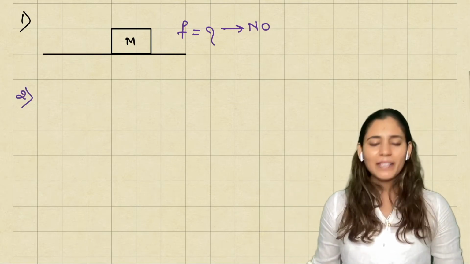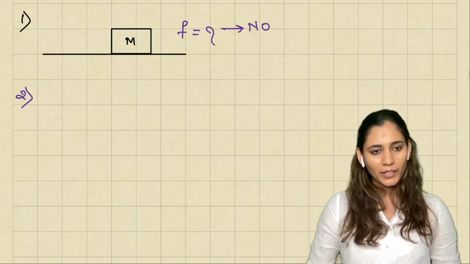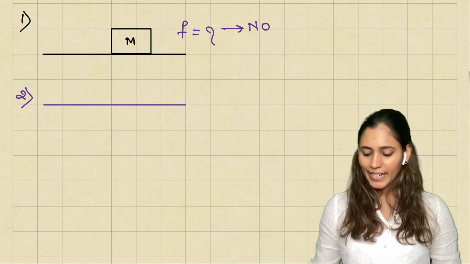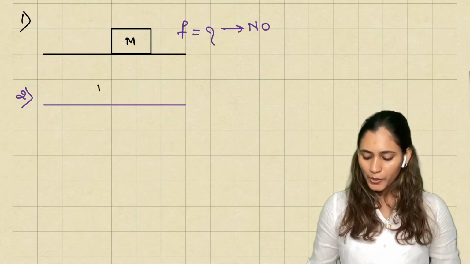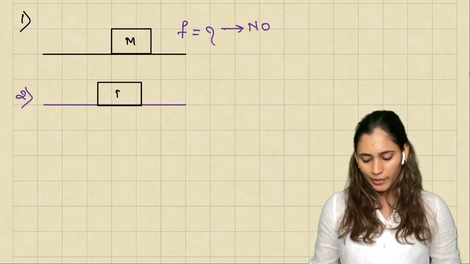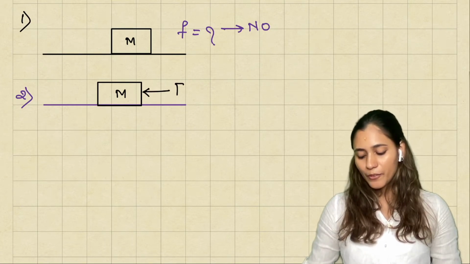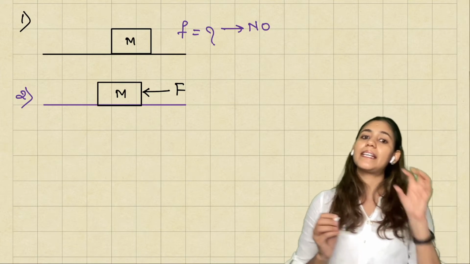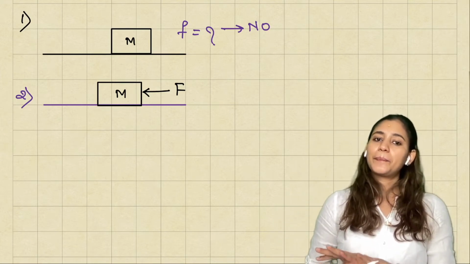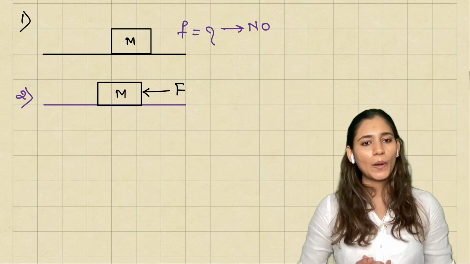In this same example, now if we apply some force on the block, let's say in the second case, we again have the same block with mass m. Now we are applying some external force. Let's say capital F represents the external force, which tries to push this block.